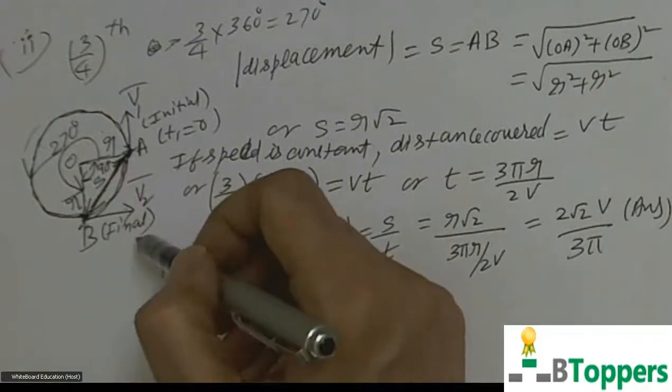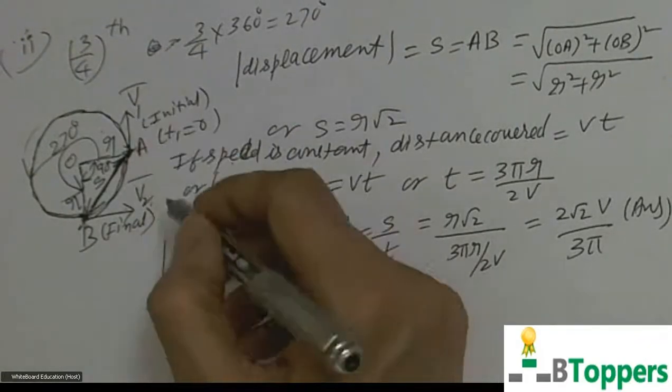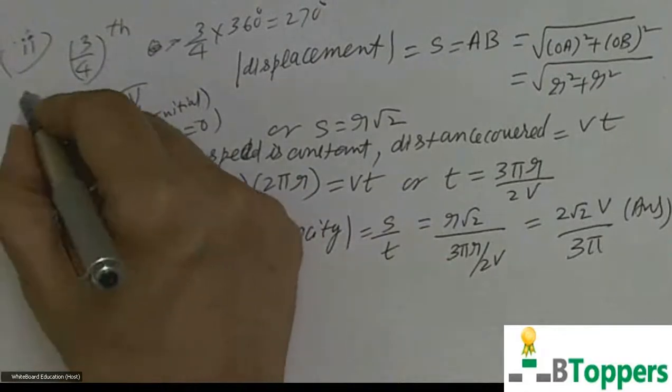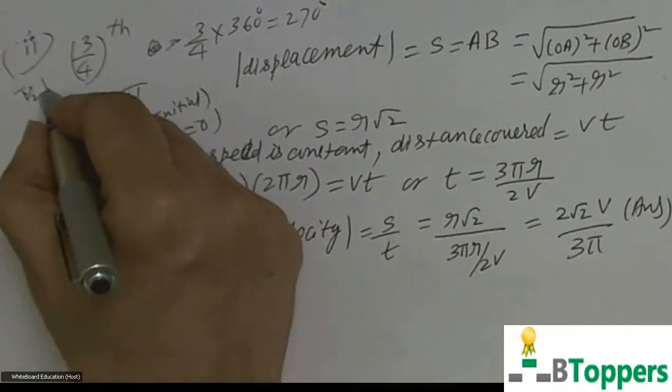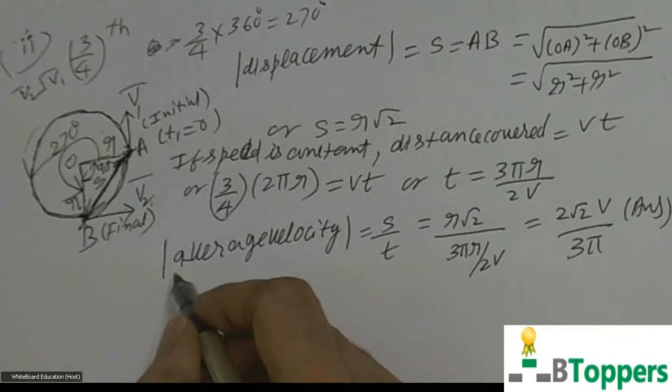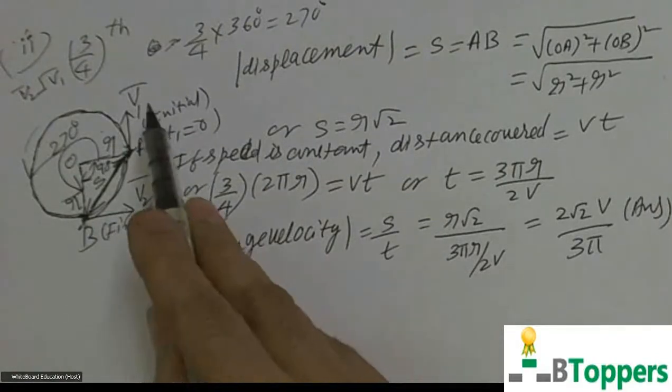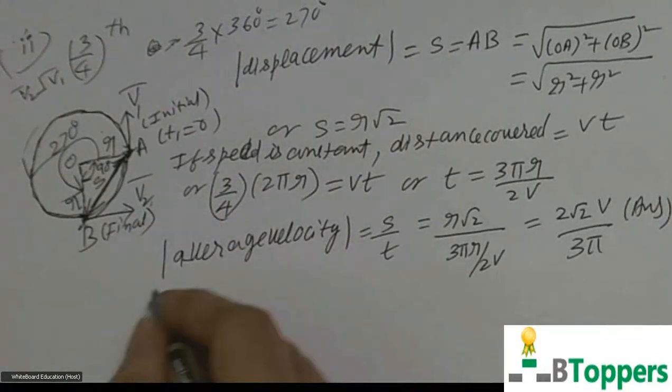Here OB is perpendicular to OA. That means in this figure, v2 bar is perpendicular to v1 bar.